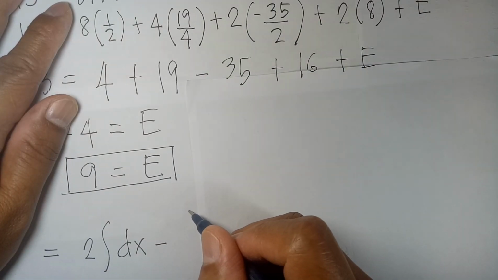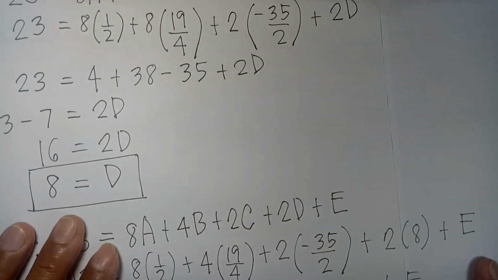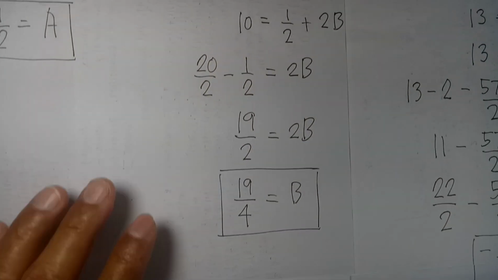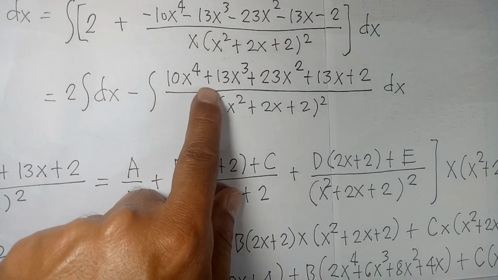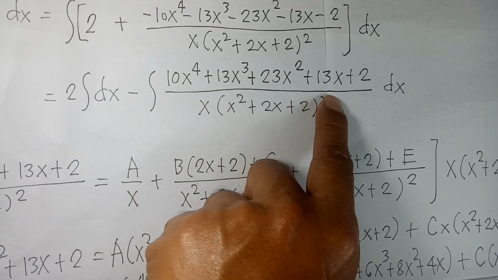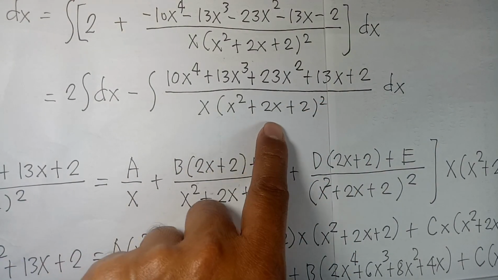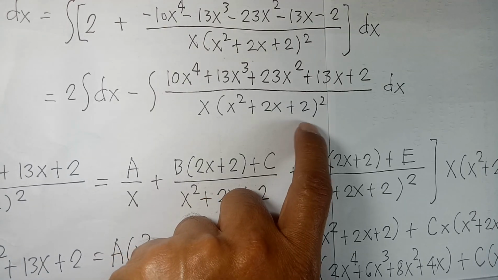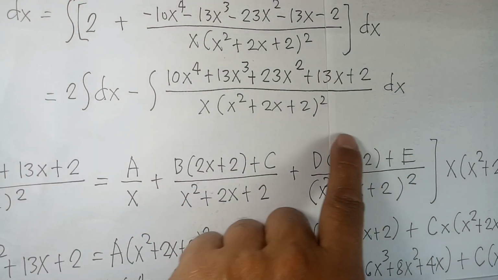And then, integral of the equivalent partial fractions of 10x to the fourth plus 13x cubed plus 23x squared plus 13x plus 2 divided by x times x squared plus 2x plus 2 squared. So ito yung equivalent partial fractions niya, no?